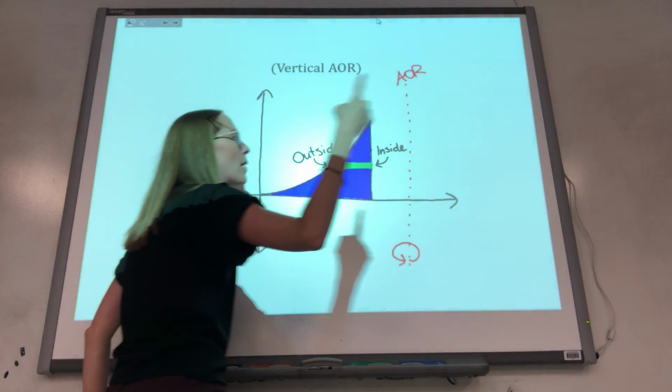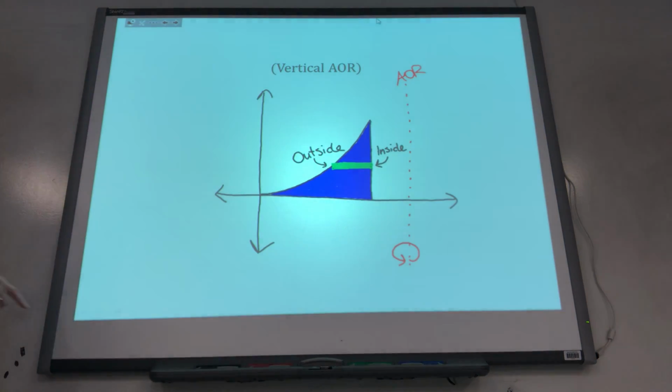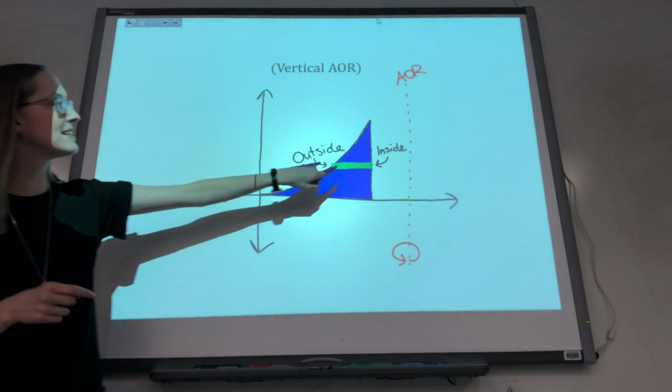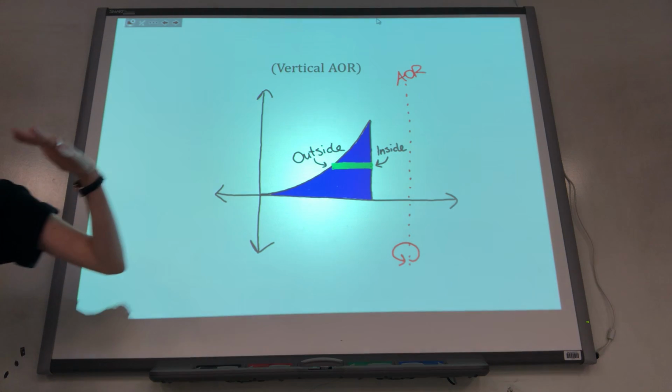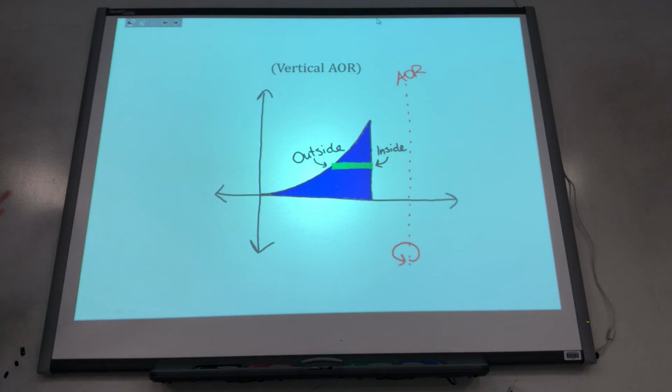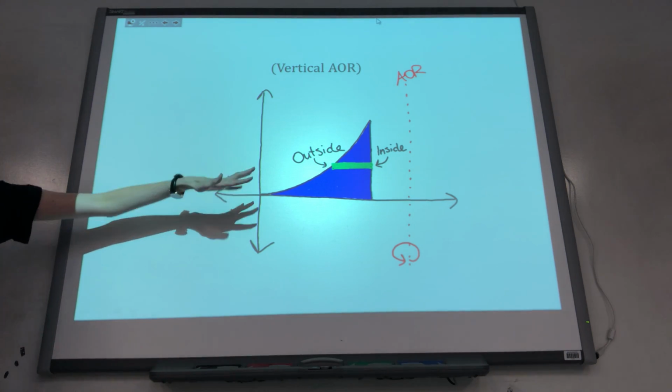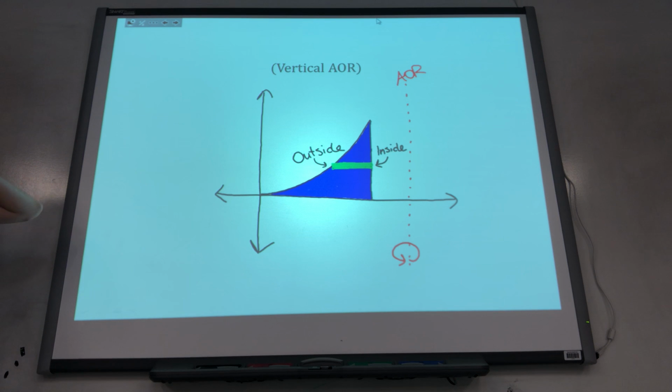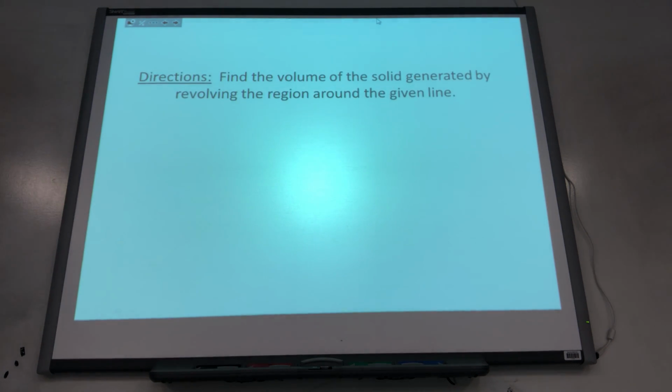That is going to end up being the outside of the washer. So that's what we have to pay attention to when we set up the integrand: which one is inside and which one is outside. All right? Don't worry about getting all of that down, because once we do our examples, we'll draw the pictures and we'll try to visualize that again.